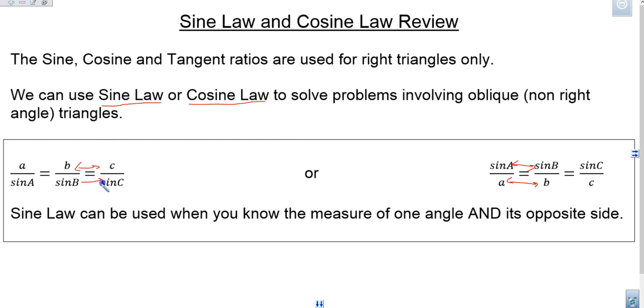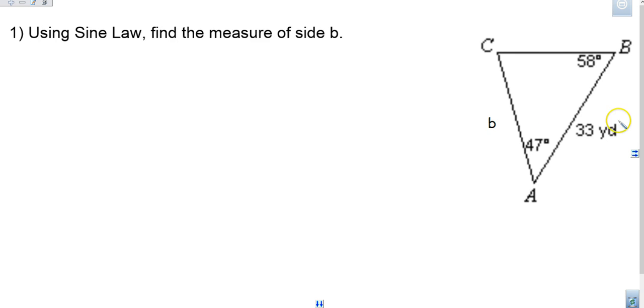Now, sine law can be used in situations where you know the measurement of one angle and the measurement of its opposite side. So for this problem, I want to find the measurement of side b. What I see here is side b is opposite to 58 degrees. So those two are going to be paired up for the sine law.